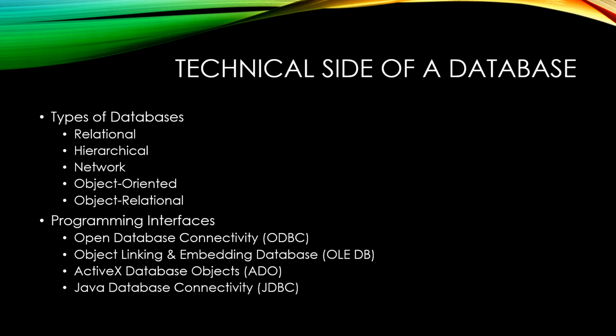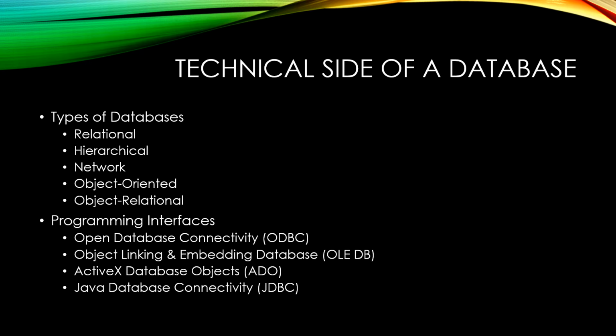As well as having different types of databases, there are also different programming interfaces for databases. The first is Open Database Connectivity, or ODBC, which allows for local or remote access to an API, which allows for remote communications between an application and a database.